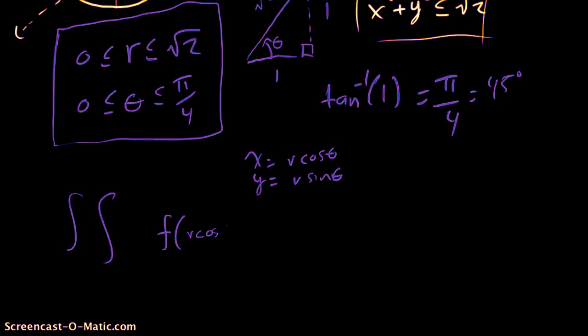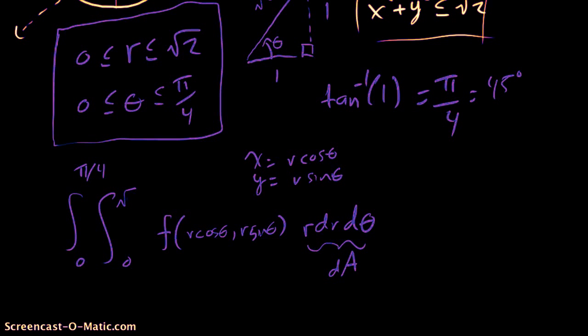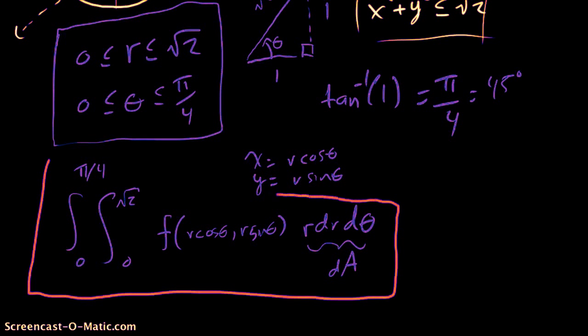Earlier it was just x comma y, but now it's r cosine theta, r sine theta, and our dA is going to be r dr d theta. And our thetas are going to go from 0 to pi over 4, and our radii are going between these two values. So that's the final answer.